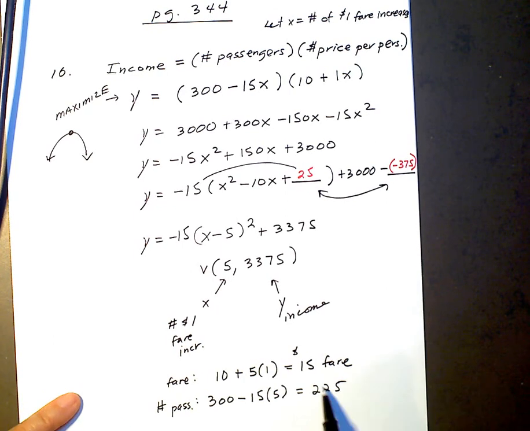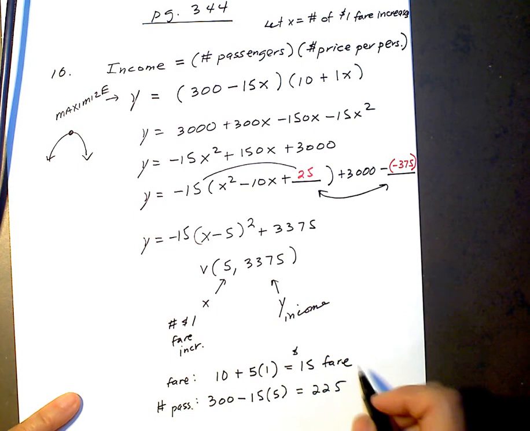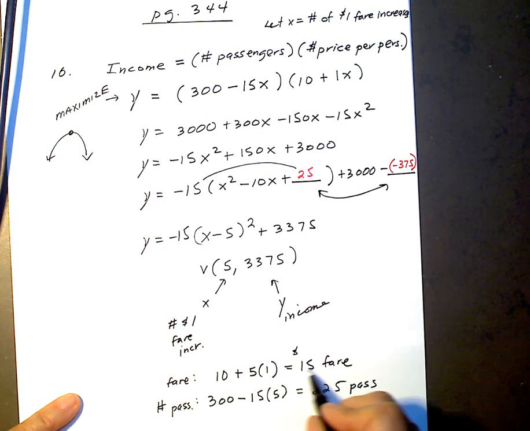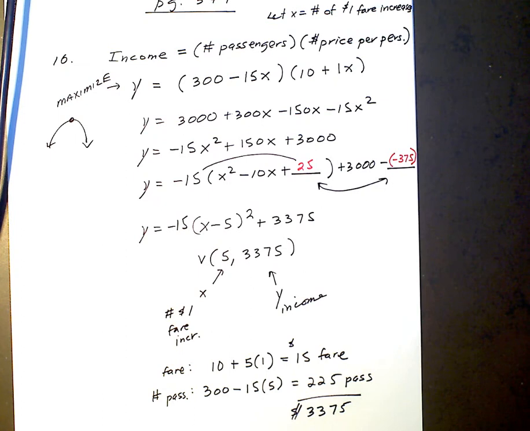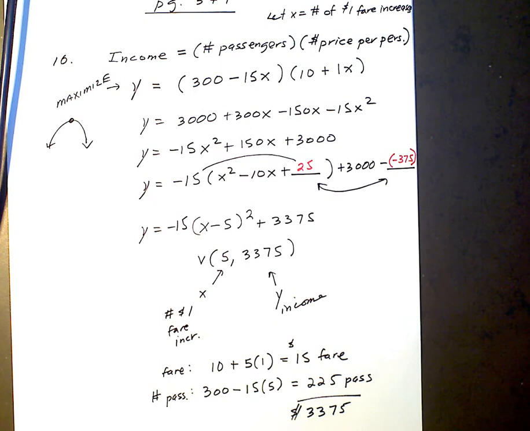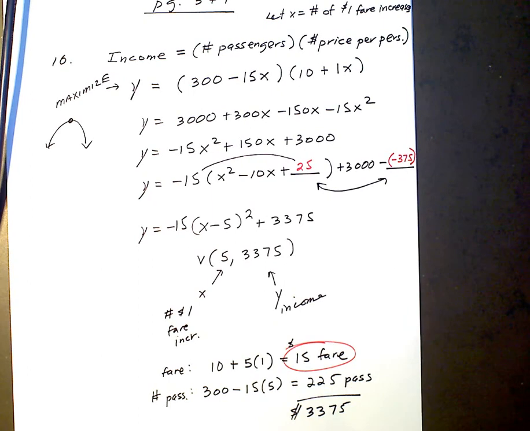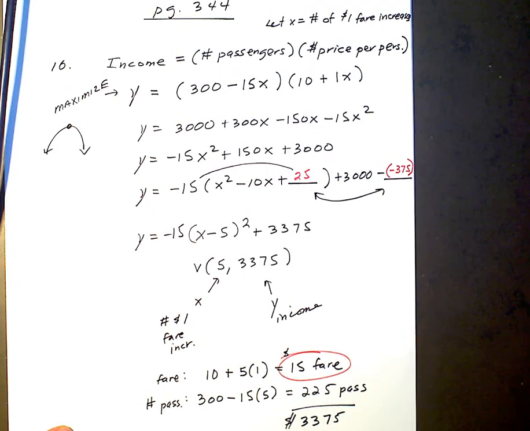So if you multiply together 225 passengers by the fare of $15, you end up with that $3,375 income, which should be the maximum. So the answer to the question is the ideal fare to charge is $15. Okay, and that is it.